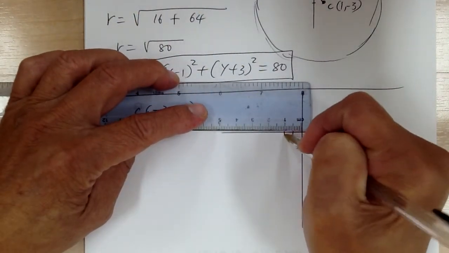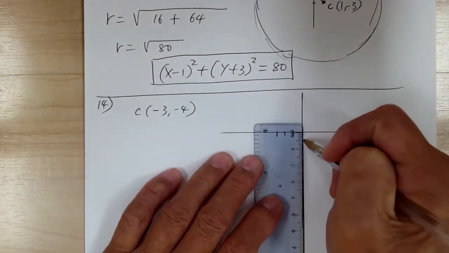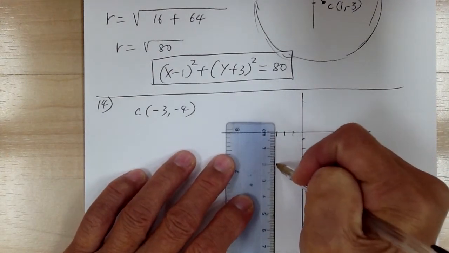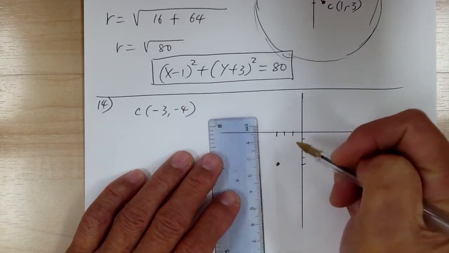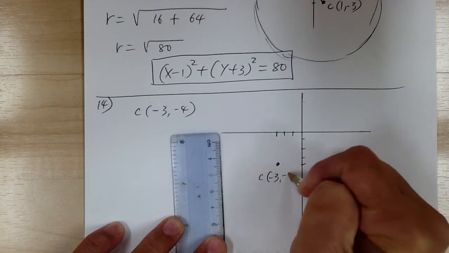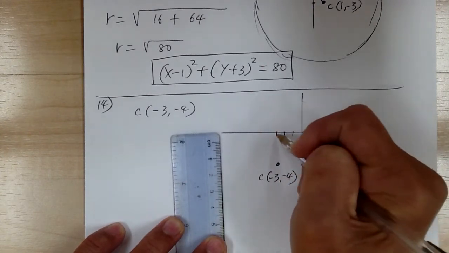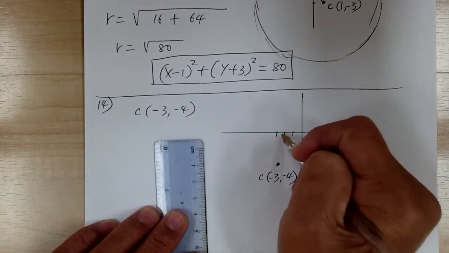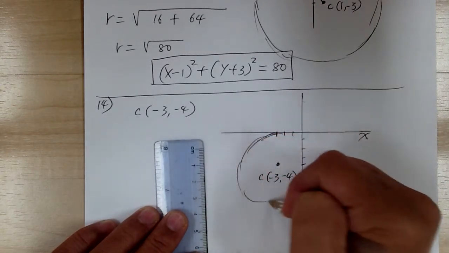So 1, 2, 3, 1, 2, 3, 4. So here's your center at -3, -4, and it's tangent to the x-axis. So here's the x-axis. So tangent to that is going to be right over here.